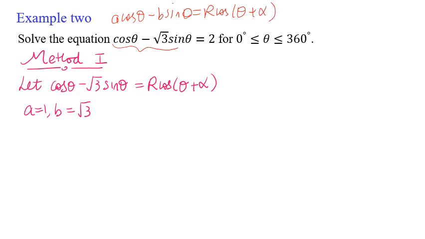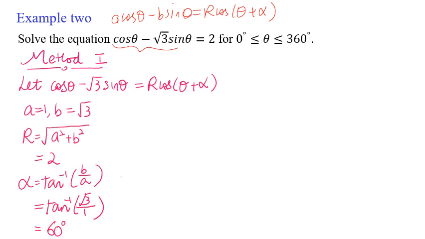From there, we can see that A is 1, B is square root 3. So you can plug into your R and find alpha. Okay, and this is what you get. So you can just solve it. All right, which is relatively easy.